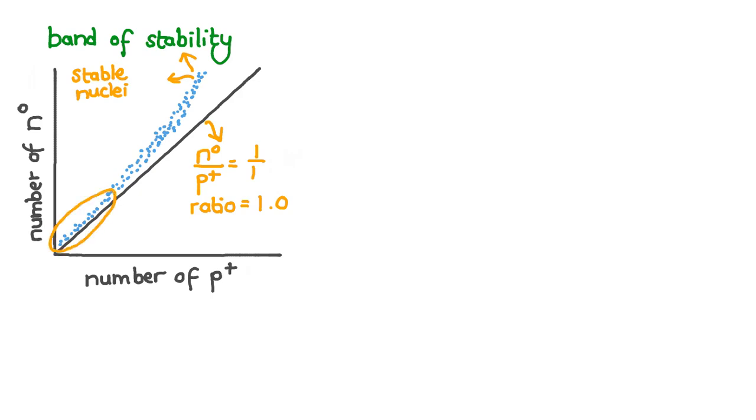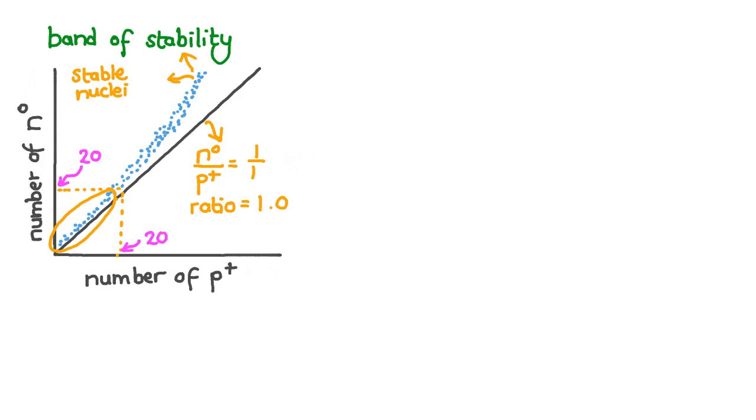On this part of the band, we can see that light elements with fewer than 20 protons have stable nuclei when the neutron-to-proton ratio is about 1. In other words, the blue band closely follows the black line where the ratio of neutrons to protons is about 1:1.